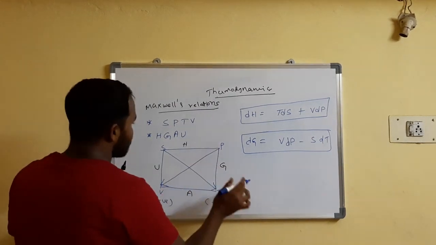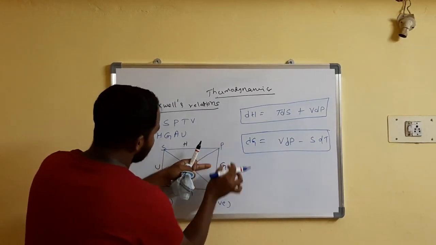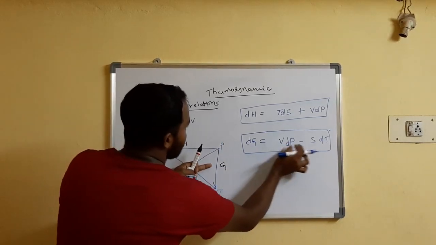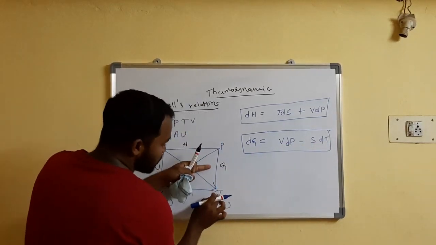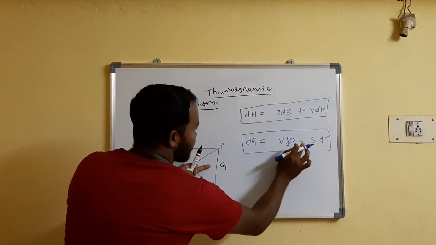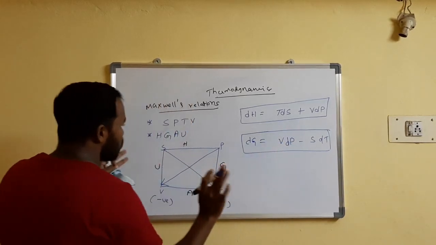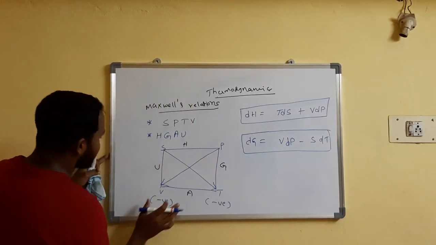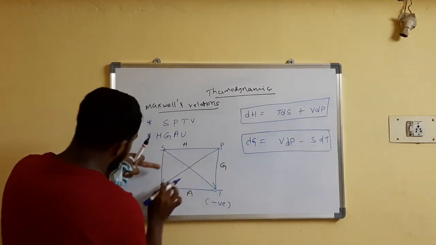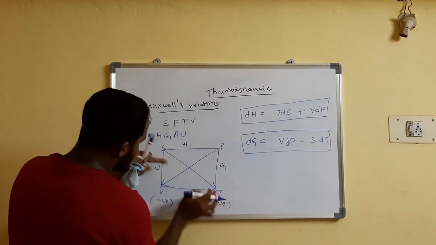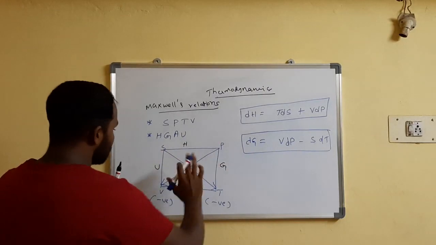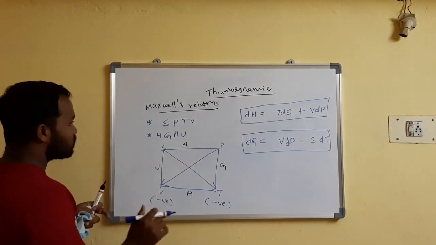You may have one doubt regarding that. G is in between P and T, so just dP and dT. T contains a negative, just keep the negative at the start only. After that, no need to take negative again. P comes from V and T comes from S. That is enough. No need to write negative symbols again.